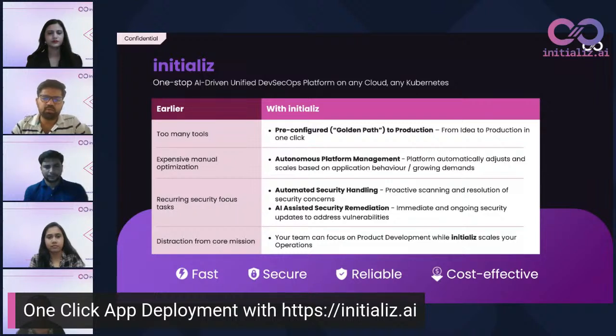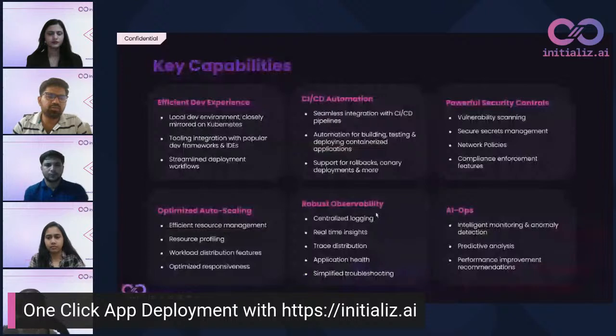With Initialize, we provide you automated security handling, which will proactively scan and provide resolutions for the security concerns. With that, we are providing you AI assisted security remediation, which will give you immediate and ongoing security updates to address the vulnerabilities. Lastly, you can focus on your end goal, which is product development, while Initialize will take care of scaling your operations.